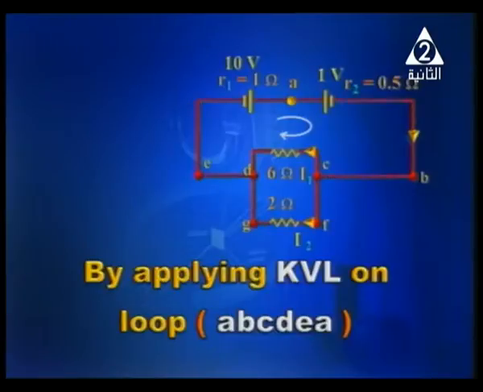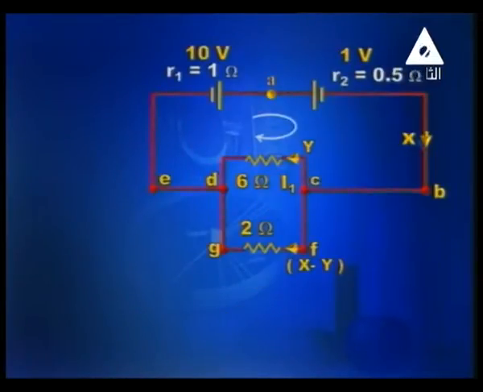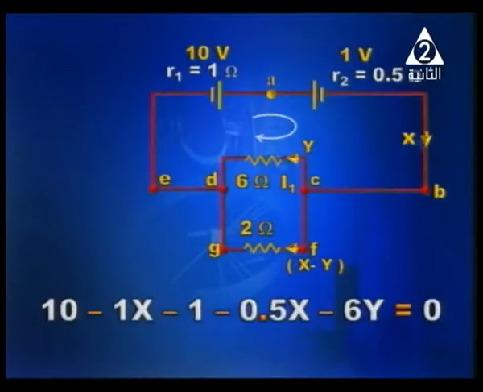By applying Kirchhoff's voltage law on loop A, B, C, D, E, A, we can say 10, the voltage of the first cell, assuming we move clockwise.